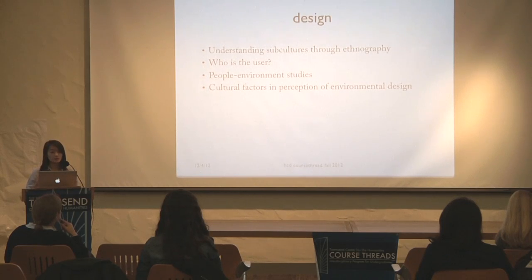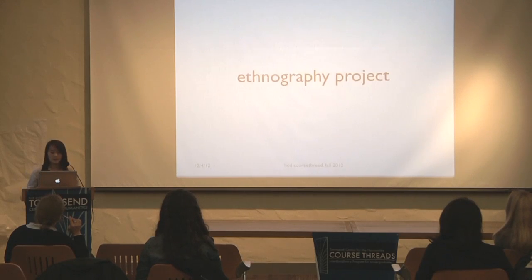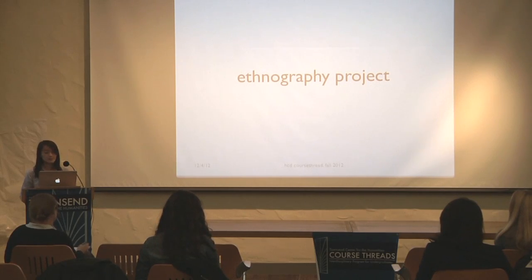Also cultural ideas involved in a space, like how close people should be, how people should interact within a space, and how space is divided. This was the only class that I took for this course thread that involved a project. We did an ethnography project where we tried to study the culture of a group of people who used the space and redesigned the space.